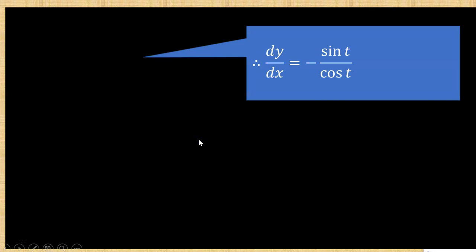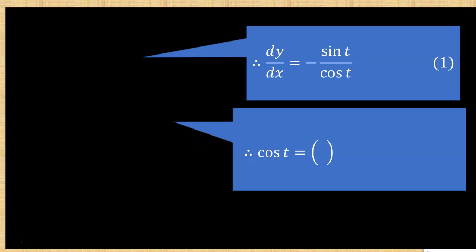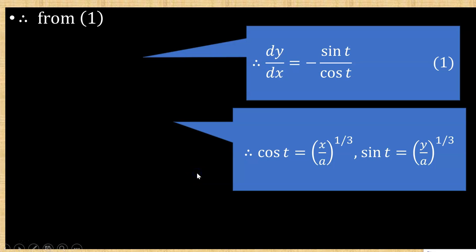dy by dx is equal to minus sin t upon cos t. Now here we will substitute the value of sin t and cos t. Cos t is equal to (x upon a) raised to 1 by 3. Sin t is equal to (y upon a) raised to 1 upon 3.